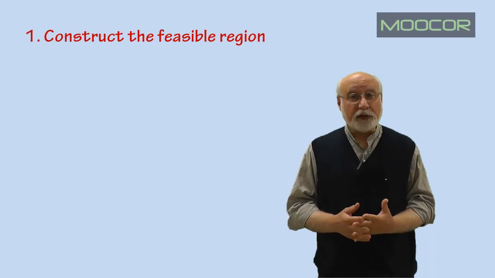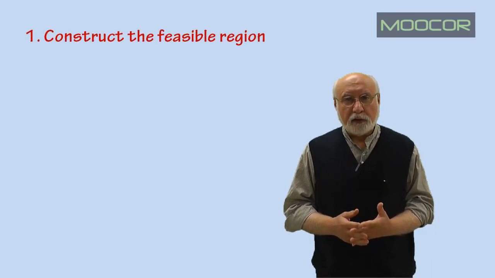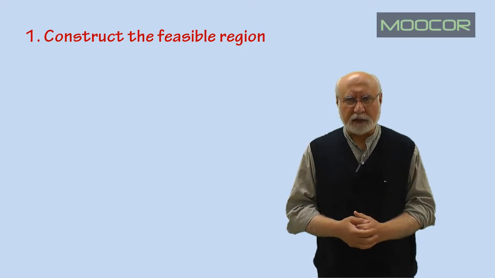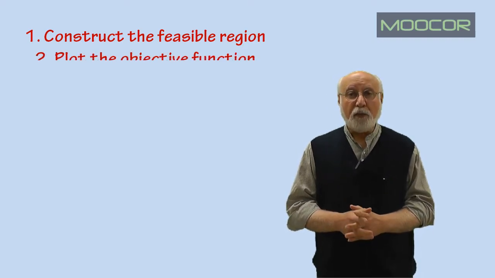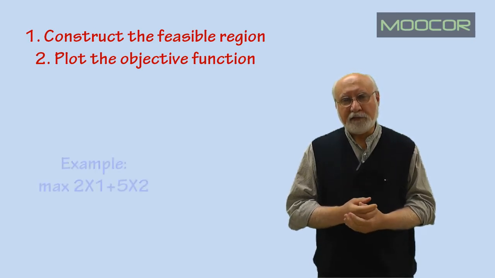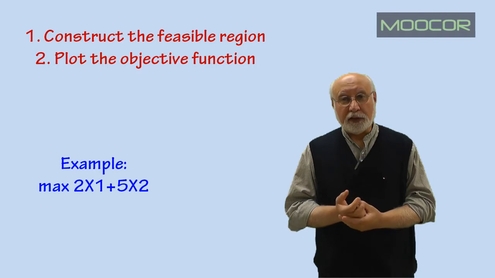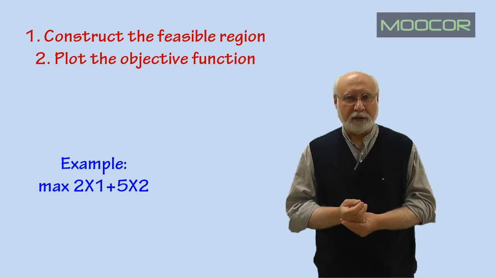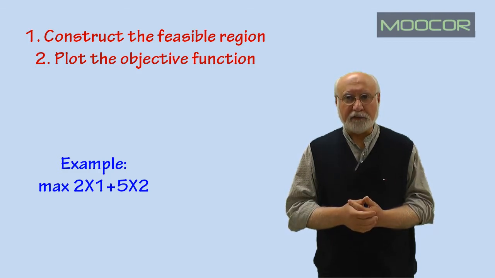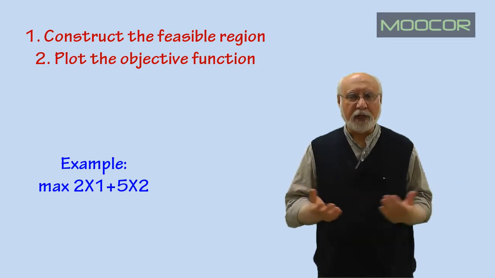First, construct a feasible region from the given constraint set. Second, plot the objective function. The point in here is the objective function is not in the form of equation or an inequality. Objective function is just a function given based on x1 and x2.